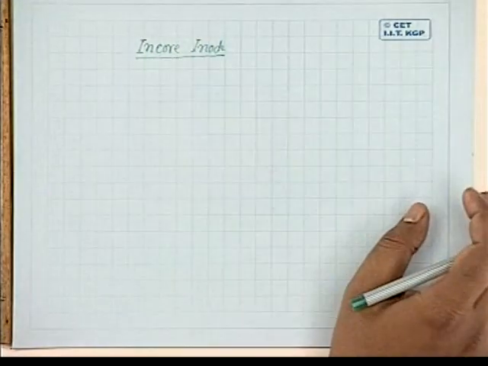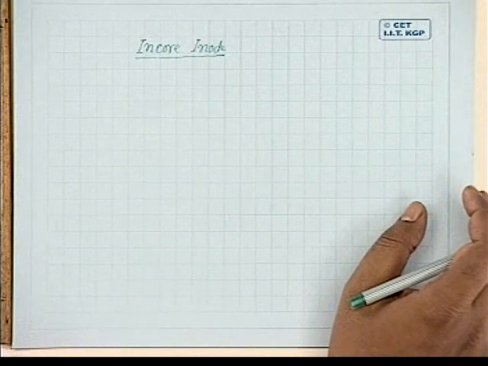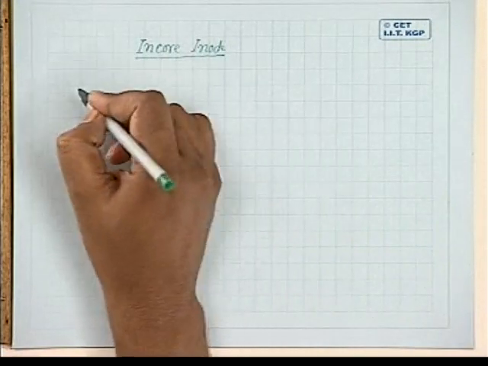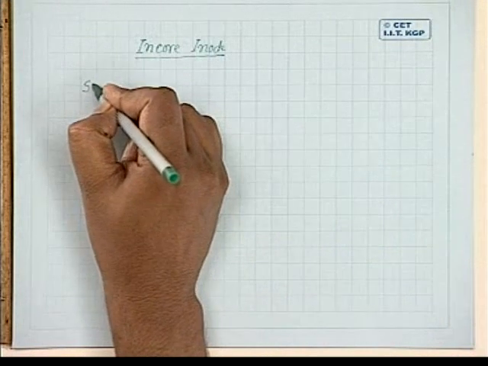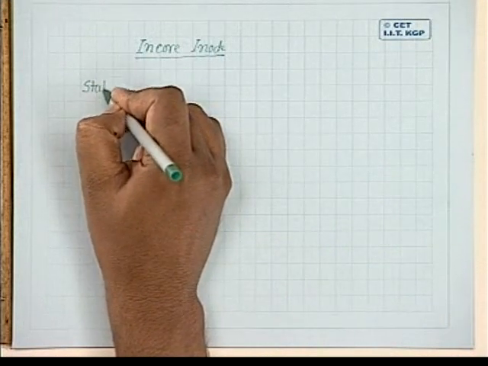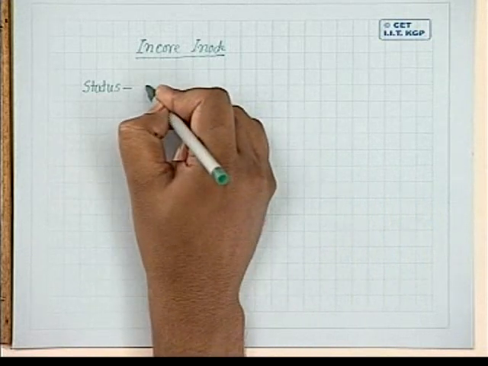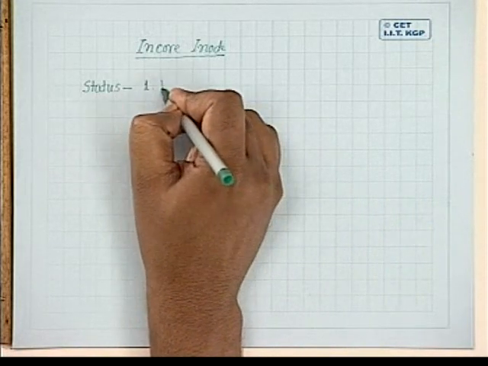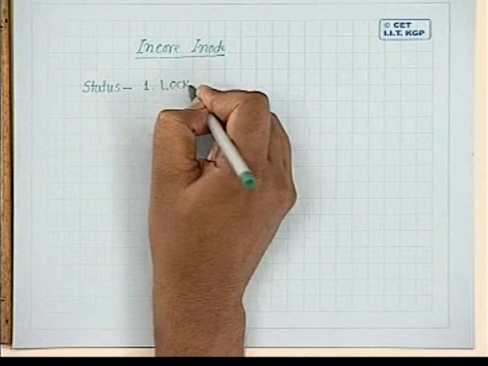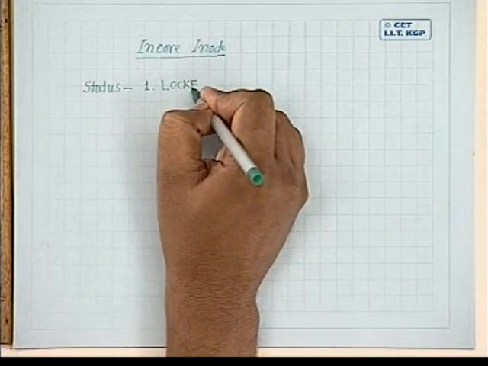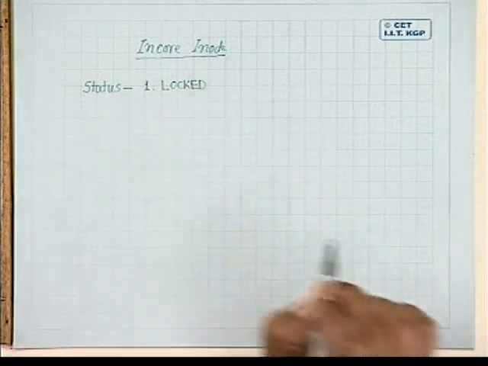The first information that will be present in the Incore inode is the status of the inode. The status can be that the inode is locked, that is currently the inode may be used by some process.